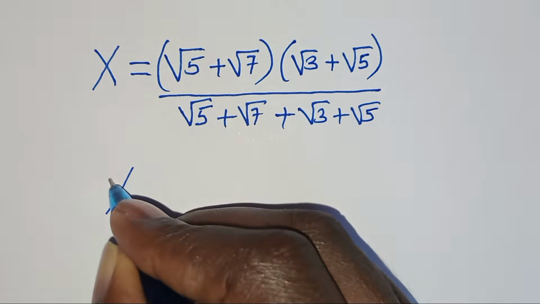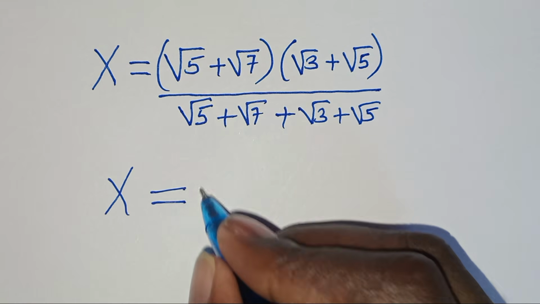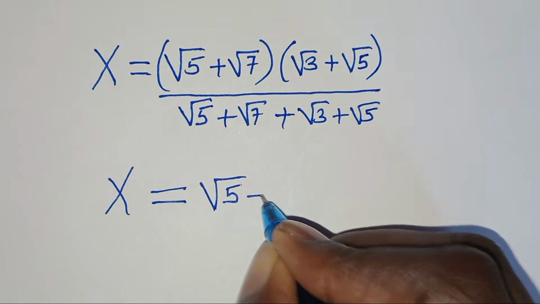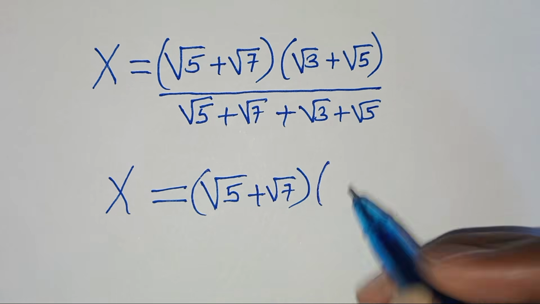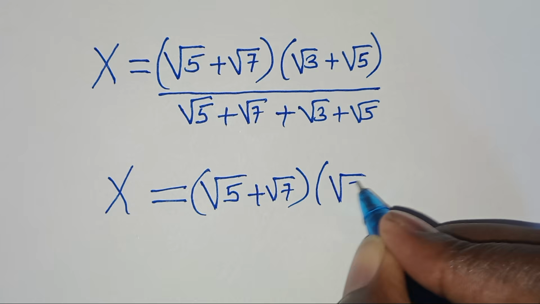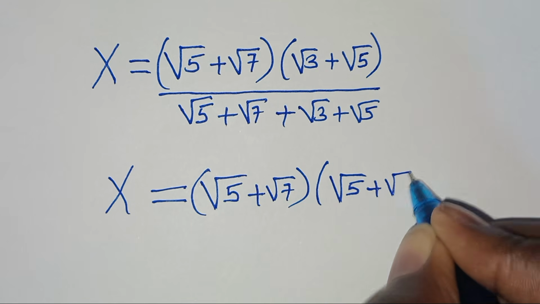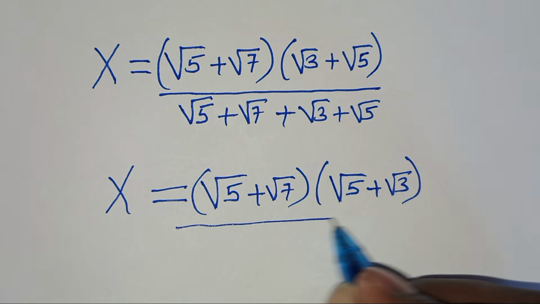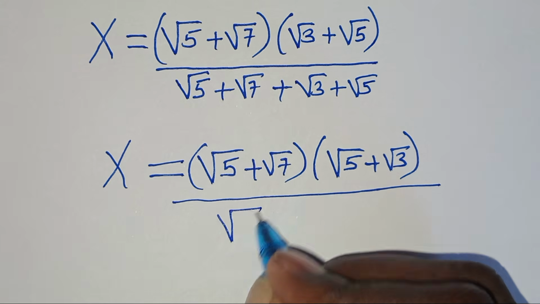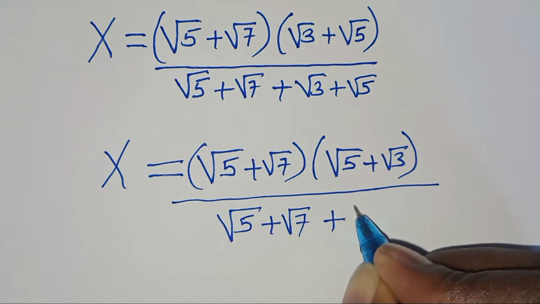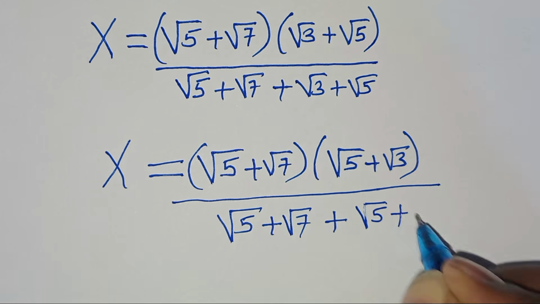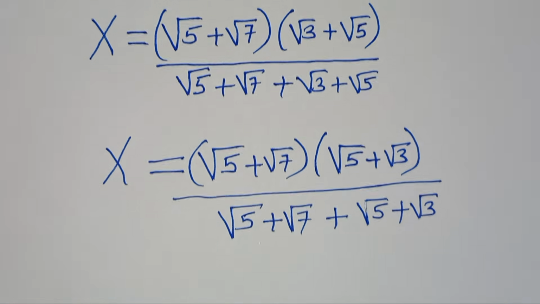Now we can express x as equal to square root of 5 plus square root of 7 multiplied by square root of 5 plus square root of 3 divided by square root of 5 plus square root of 7, then plus square root of 5 plus square root of 3.